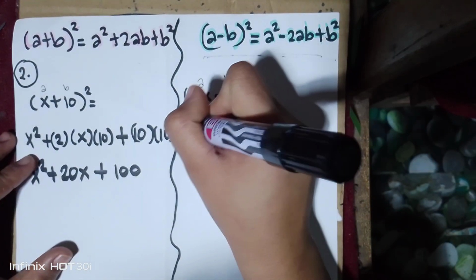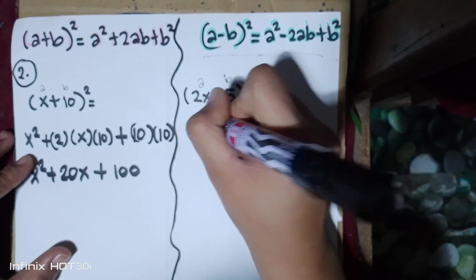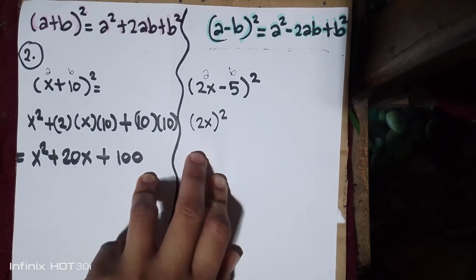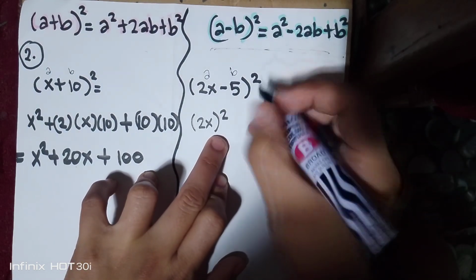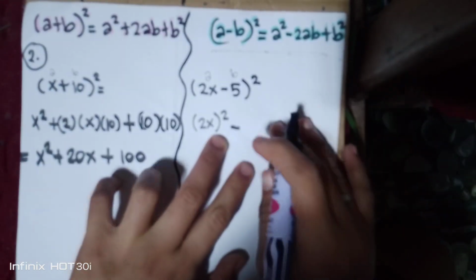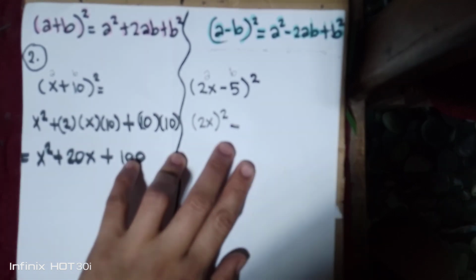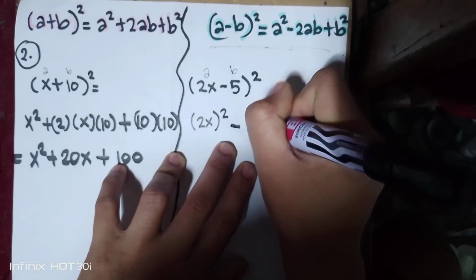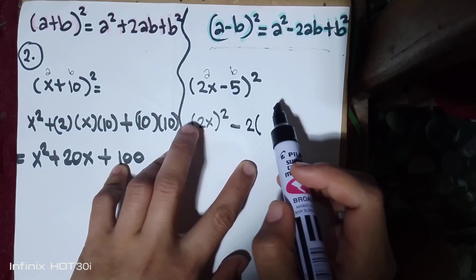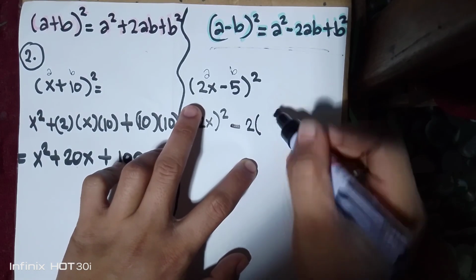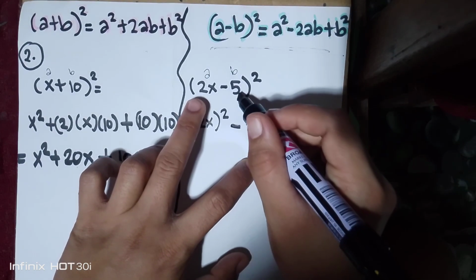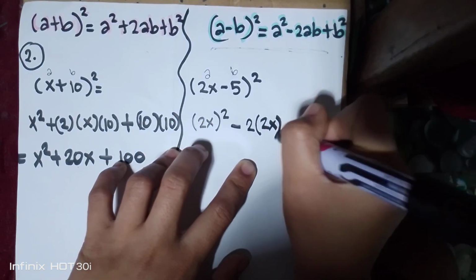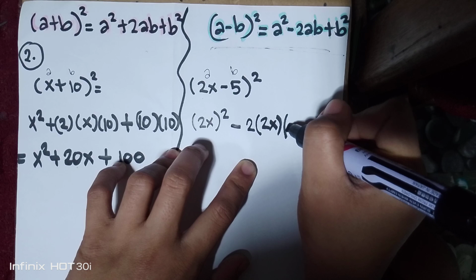So we have 2x squared. Next, copy the sign, minus, 2 times the product of the first term, 2x, and then the second term.